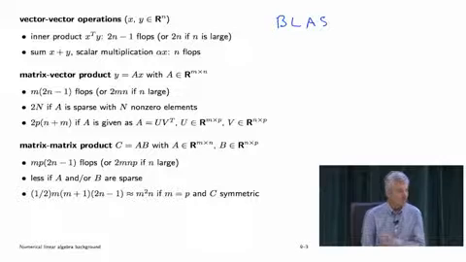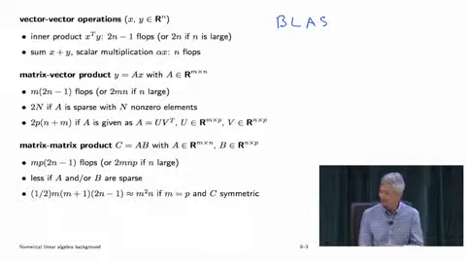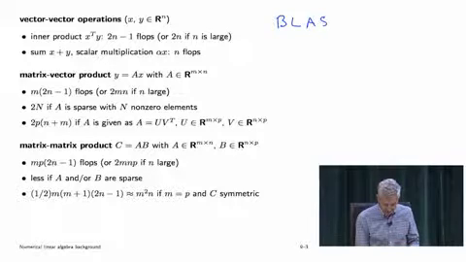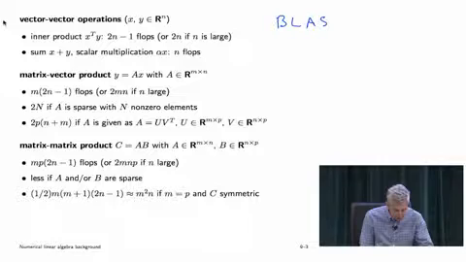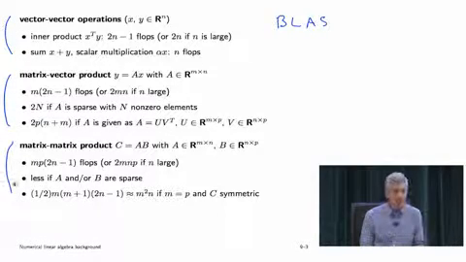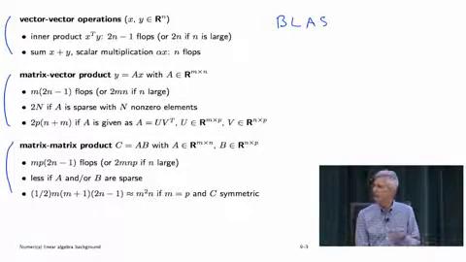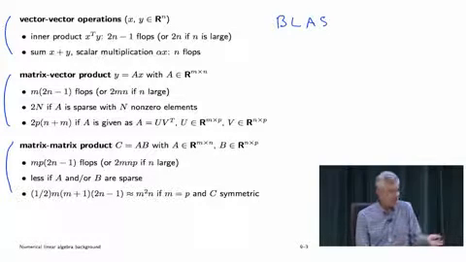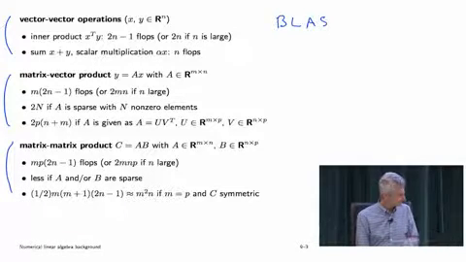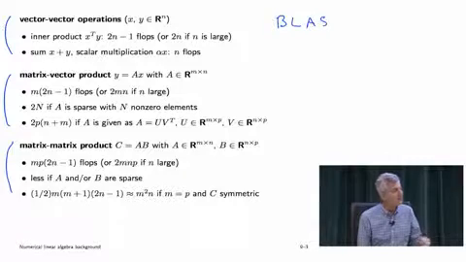They have been re-implemented in all sorts of real languages. These are called BLAS level 1, BLAS level 2, and BLAS level 3. An educated person just knows these things. You don't have to know the details, but you should know there's BLAS level 1, 2, and 3. I'll say a little about what they mean and why it's important to know about.